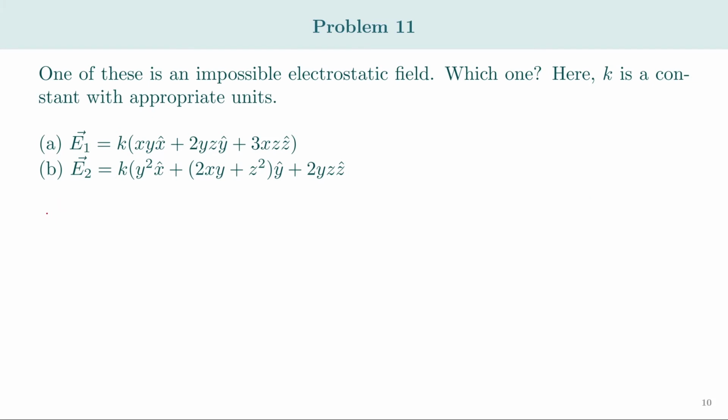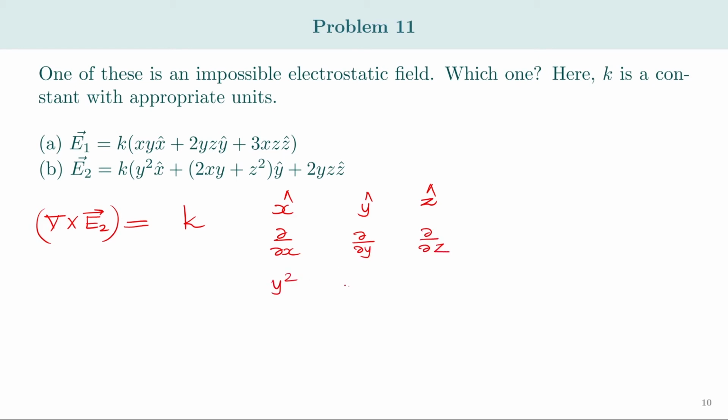Let's do the same operation with the second electric field, that is E2. In that case, we have del cross E2 as equal to the determinant with x hat, y hat, z hat, dou over dou x, dou over dou y, dou over dou z, and then y square, 2xy plus z square, and 2yz.